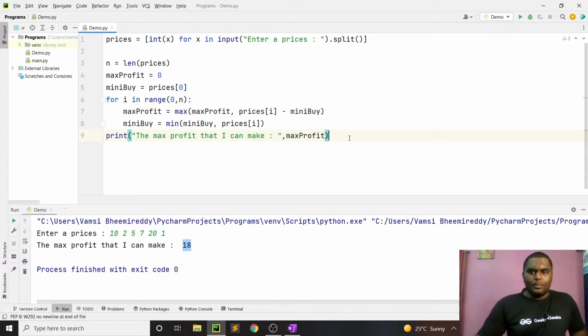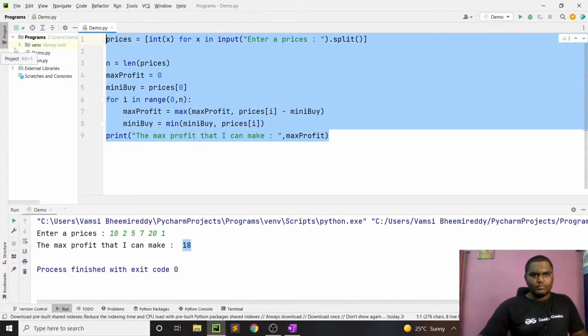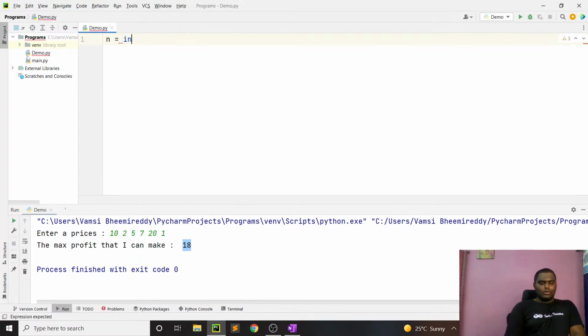Now let's go. Let's say n is equal to int of input.